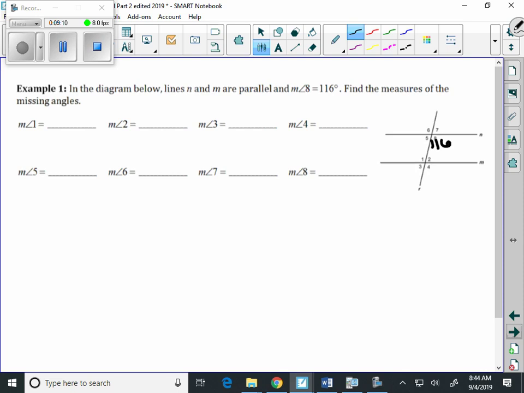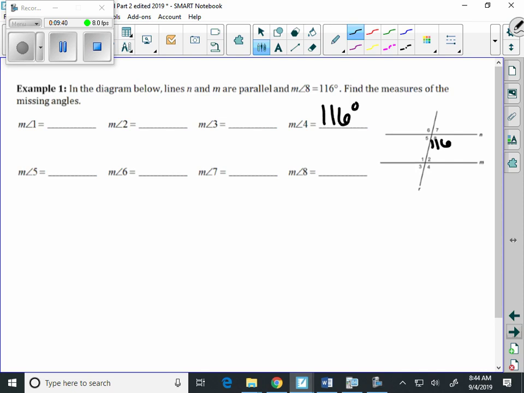And our very first postulate that we had up there in terms of the vocab is the corresponding angles postulate, which says if two parallel lines are cut by a transversal, then corresponding angles are equal. Well, angle 8 and angle 4 are corresponding angles, which means that angle 4 is 116 degrees.